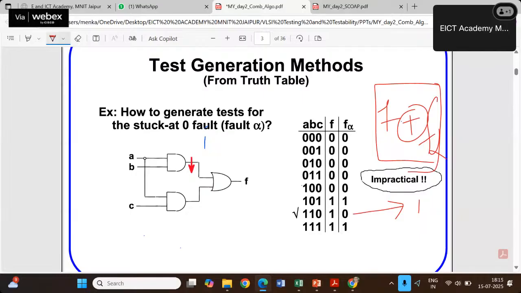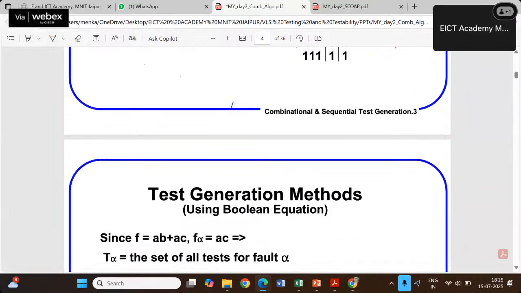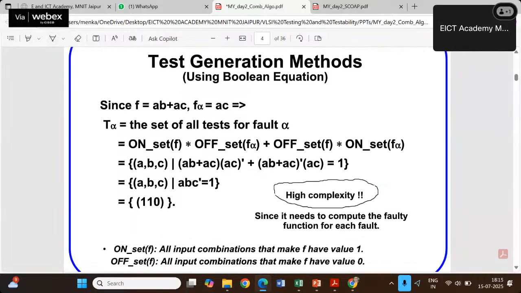So this is taken into Boolean equation. This is how the Boolean equation method works. First of all, f is written in terms of a Boolean equation. Then f alpha is written in terms of a Boolean equation. Now T alpha, the set of all tests for fault alpha, how will it be determined?